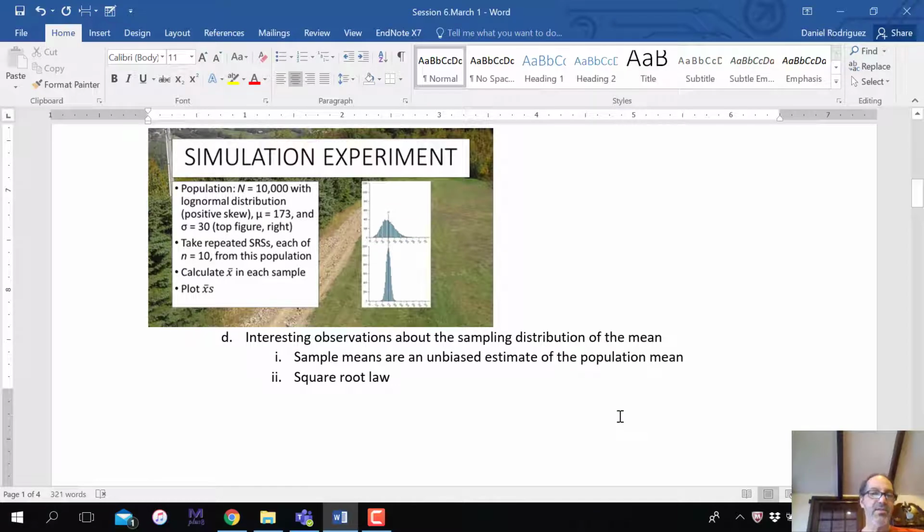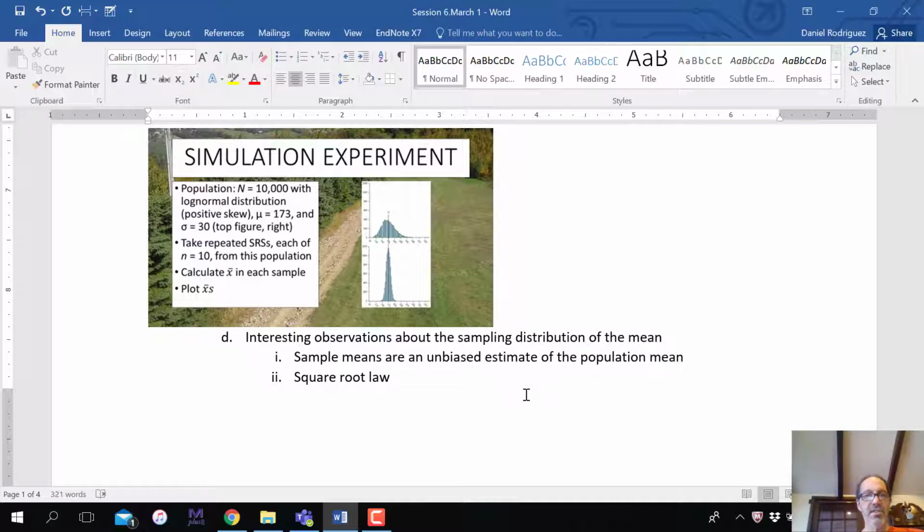So here's some interesting observations about the sampling distribution of the mean. First of all, means are always unbiased estimates of the population mean. What do I mean by that? If something is biased, it's generally biased in a given direction.